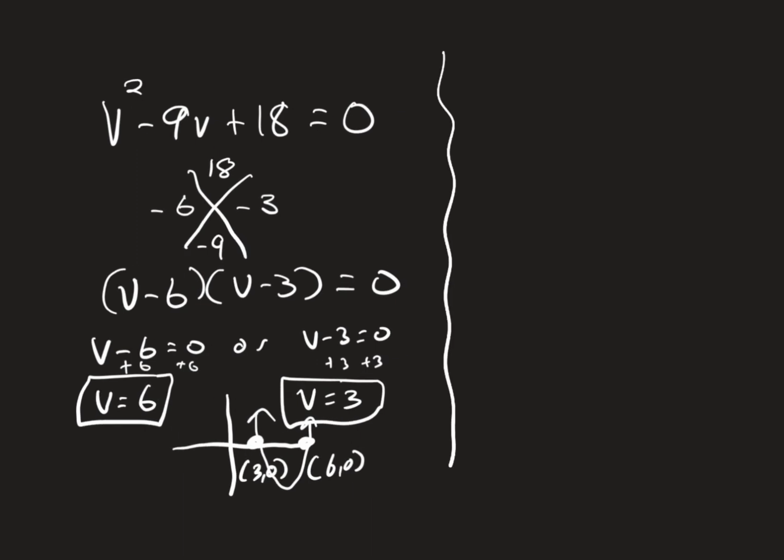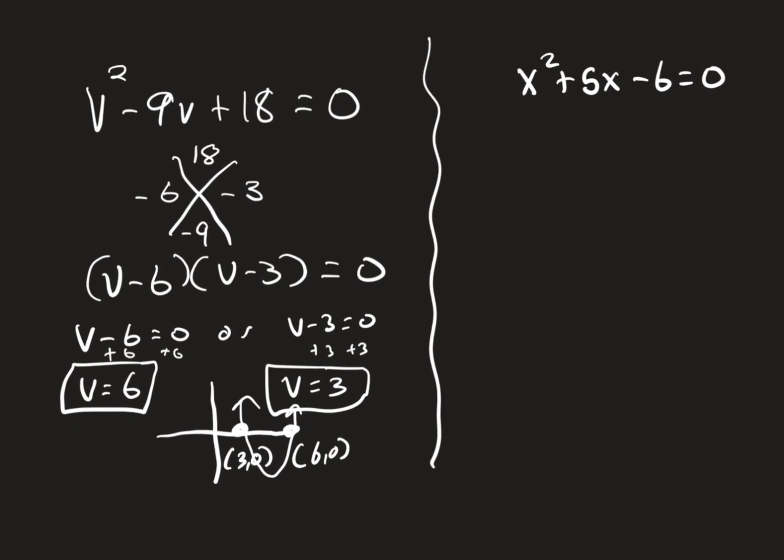Let's look at a second one, sort of like that. Let's go x squared plus 5x minus 6 equals 0. Step 1, make sure it's in standard form. Check. Standard form, again, means that everything is on one side of the equation, generally speaking on the left, and it equals 0.